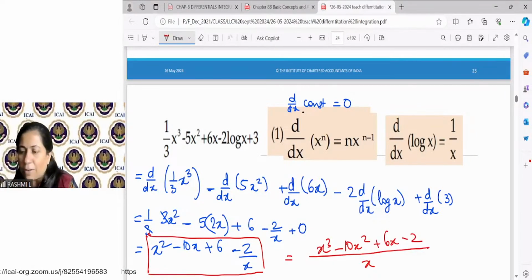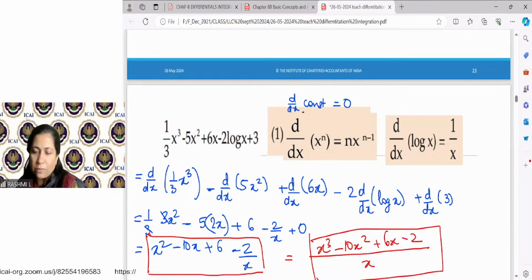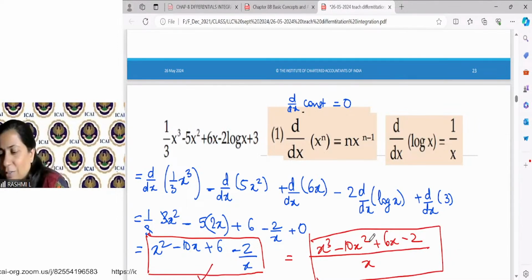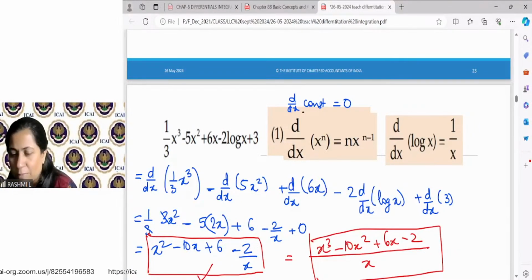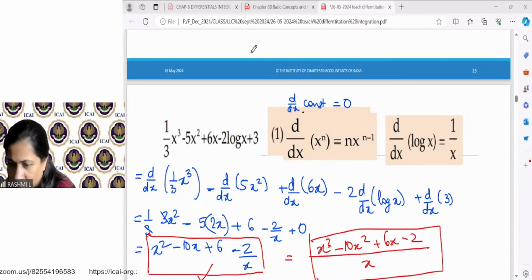So you may have the answer in any of these forms. Usually they will give it in this form. You will usually write this in the board exam, but here mostly you will get the answer in this form. They just want to see whether you know the formula and are able to apply it. Yes, good point you put forth.